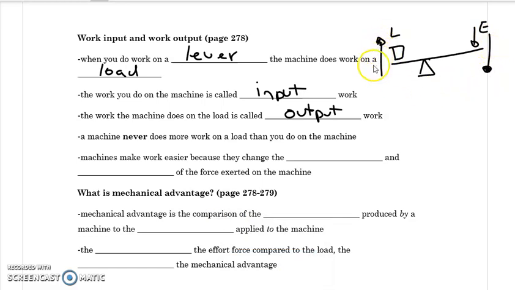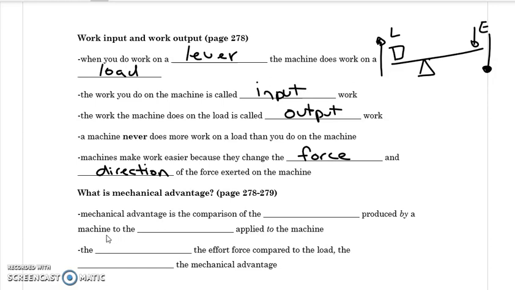The machine can make it easier because it changes the amount of force that you're actually using, or changes the direction of the force. Now, there are some reasons why we may also want to wind up using more force rather than less, but we'll get to that in a moment.